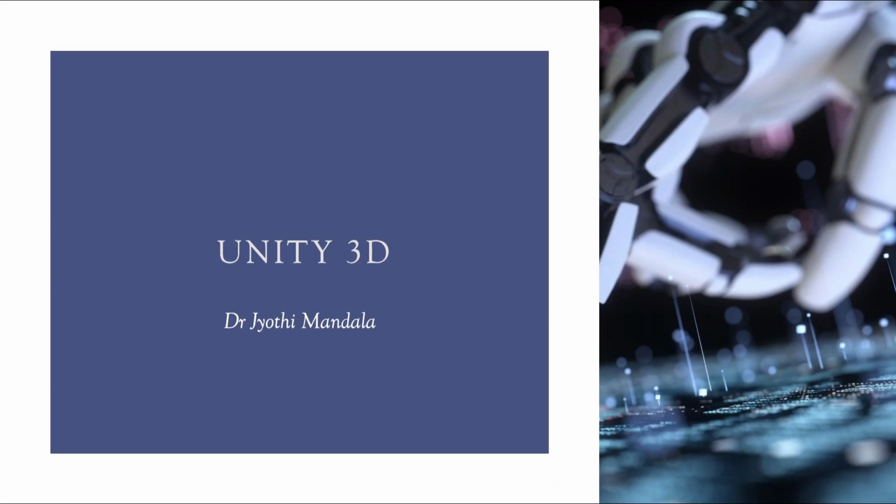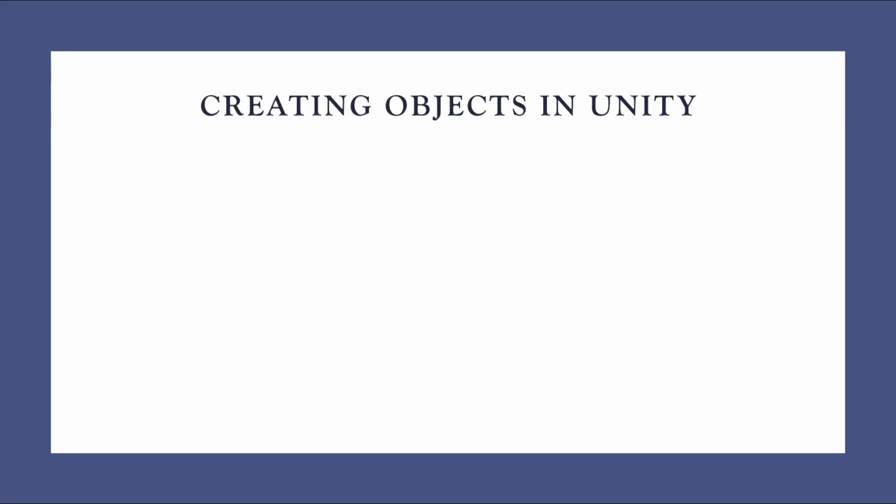Right. So in today's video, we will be understanding about creating objects in Unity. As you're familiar with the interface now, in a scene, let us try to add objects so that we can do some operations on those objects. Now you all know what an object is. An object is nothing but a 3D element which will be formed by a group of polygons.